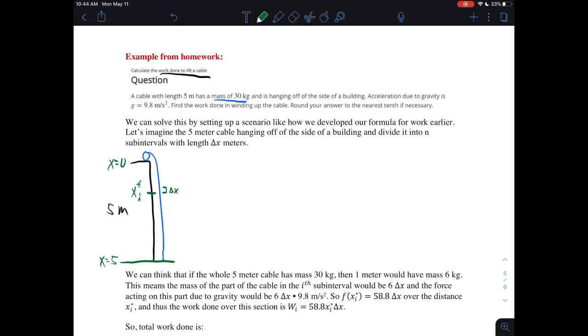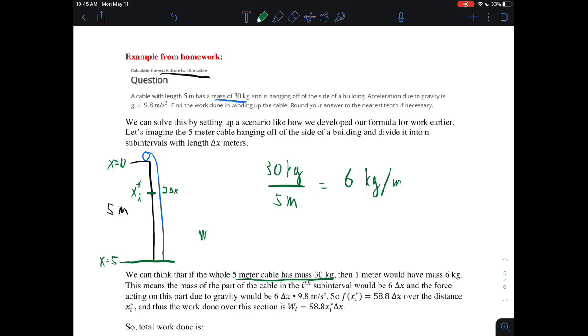We can also think that if the whole 5 meter cable has mass 30 kilograms, that means 30 kilograms for 5 meters. That's the same thing as saying 6 kilograms per meter. So 1 meter would have mass 6 kilograms. So the mass of the part of the cable in the ith subinterval would be 6 kilograms per meter times the delta x meters.